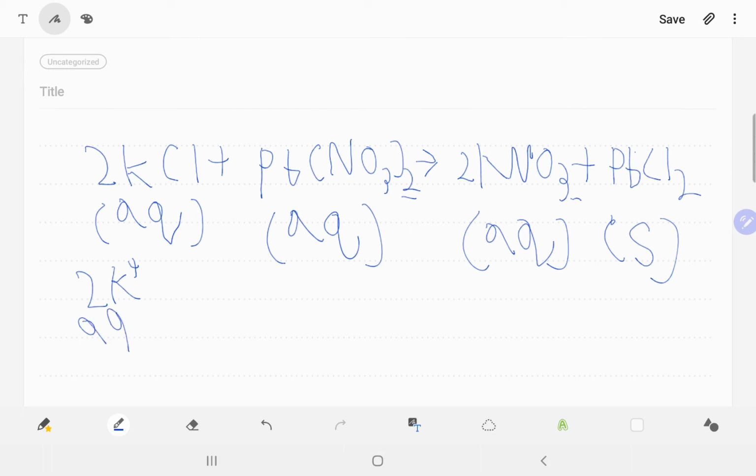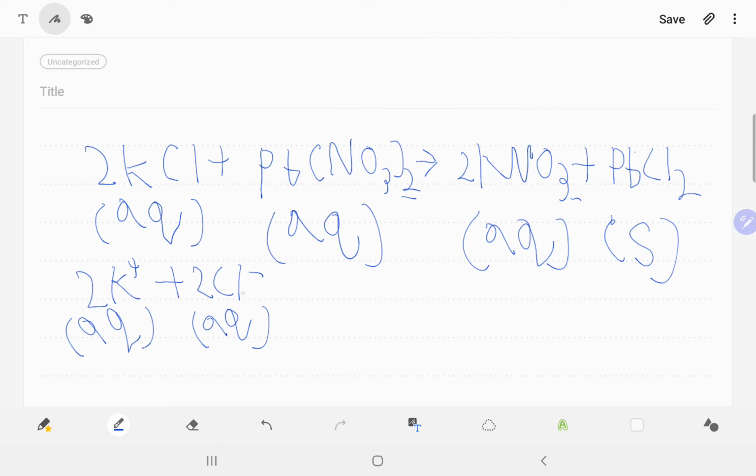Remember to always write the charge as well as the state. You add plus, then you take 2Cl. It has a negative charge and it is aqueous.